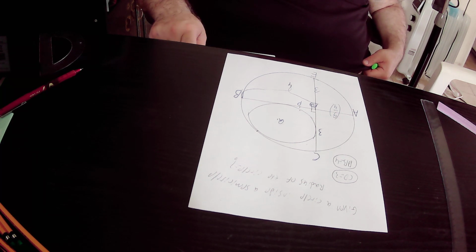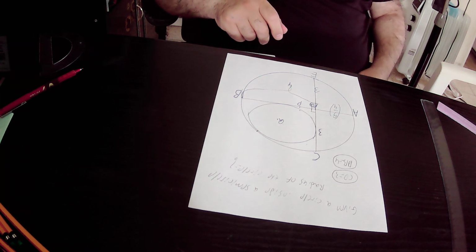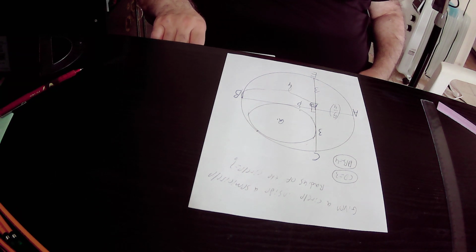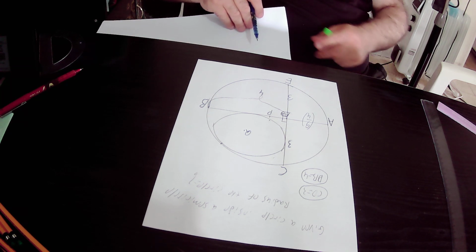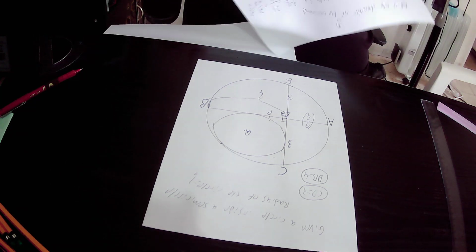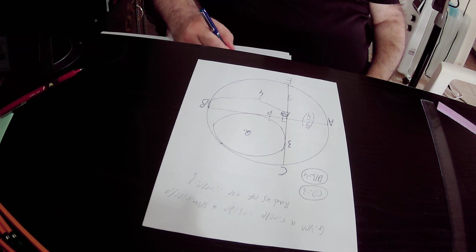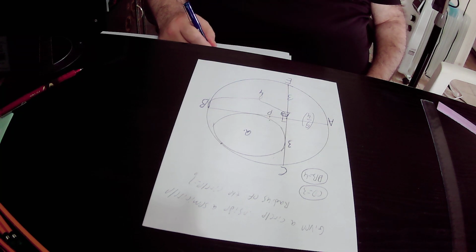So here, what is the length of DP? From the drawing, you can see that the length of the short line segment DP is equal to DB minus PB.